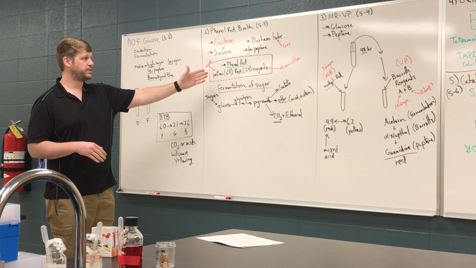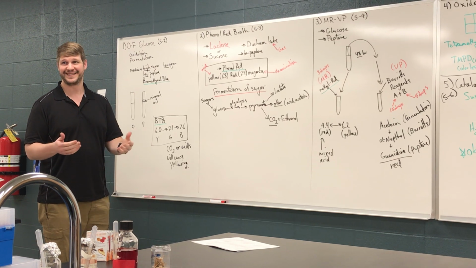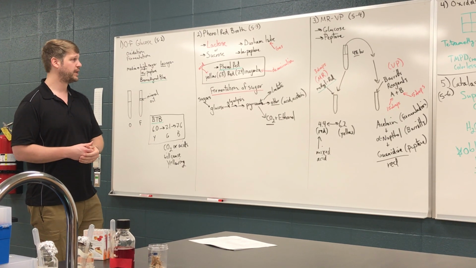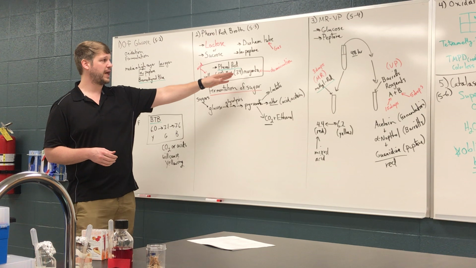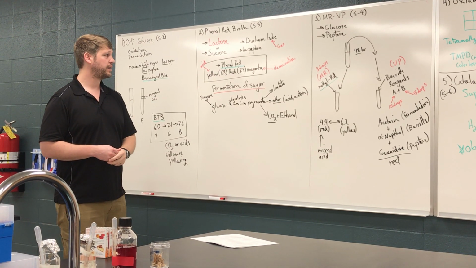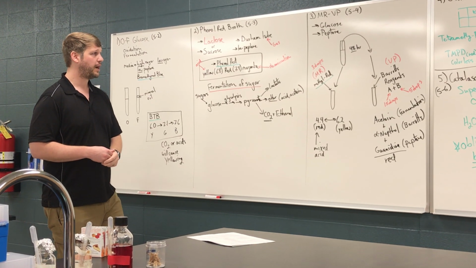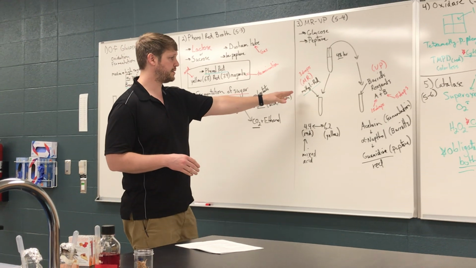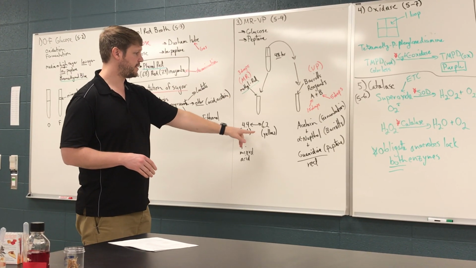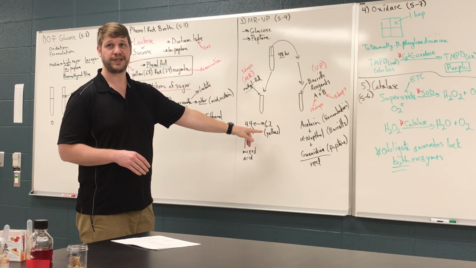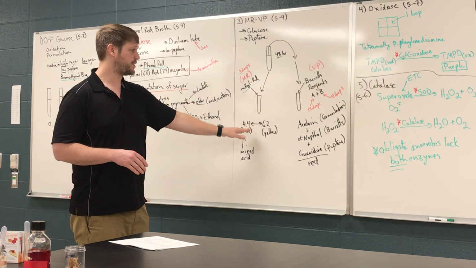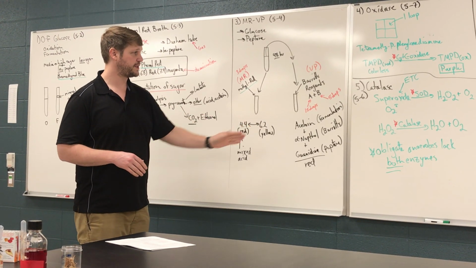Phenol red broth uses the pH indicator phenol red, pretty straightforward, which spans yellow to kind of a magenta color depending on the pH. Methyl red actually has the reverse coloration depending on the pH. So it's red and yellow, but it goes in the opposite direction.